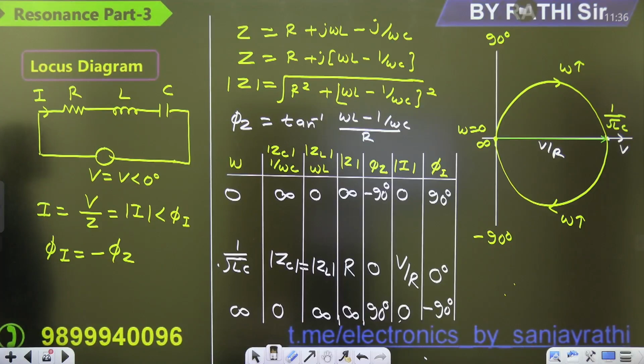What is the radius? What is the dia of that? V by R. What is the radius? V by 2R. That will be the question.